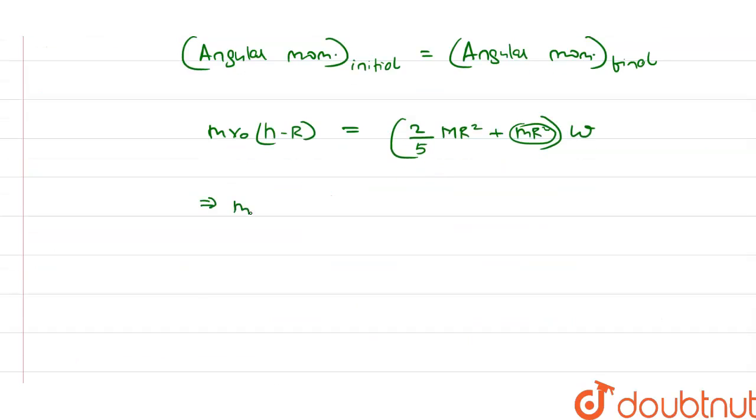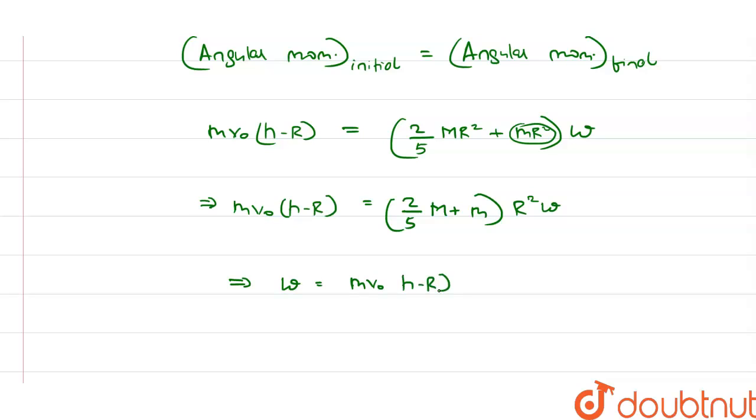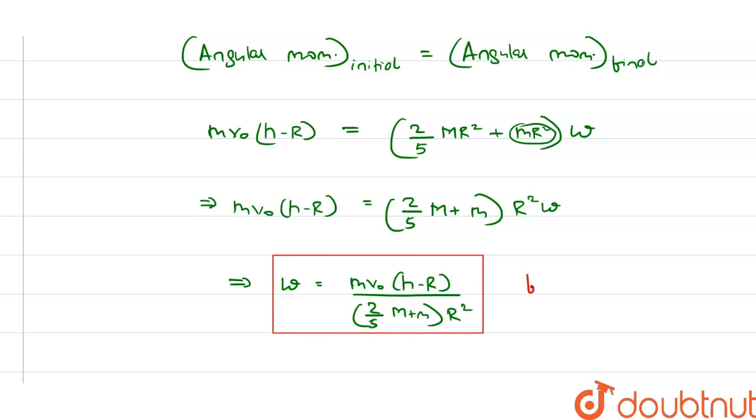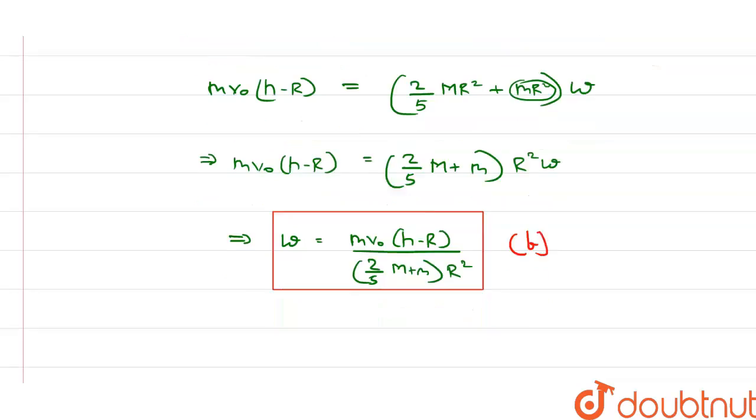This implies m v0 into h minus capital R is equal to 2 by 5 M plus small m into R square omega. This implies we get omega is equal to m v0 into h minus capital R divided by 2 by 5 M plus small m into R square. This is the angular velocity of the combined system after collision.